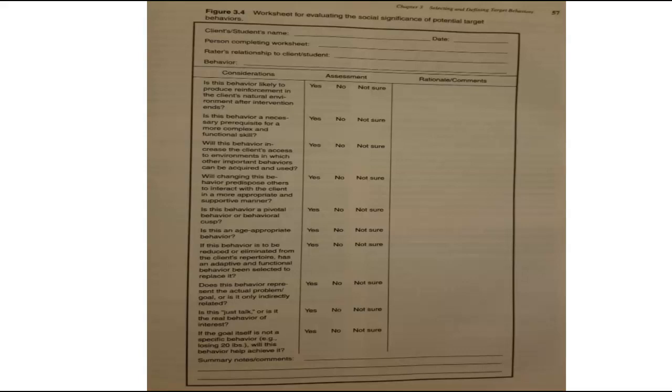Also, if somebody needs help, he may be the first one to volunteer to provide help. So you find this one behavior not changes, but more like generalizes to other behaviors. That's a pivotal behavior. So you have to ask whether the behavior you're teaching will lead this child or this client to pivotal behavior or behavioral cusp. Is this an age-appropriate behavior?